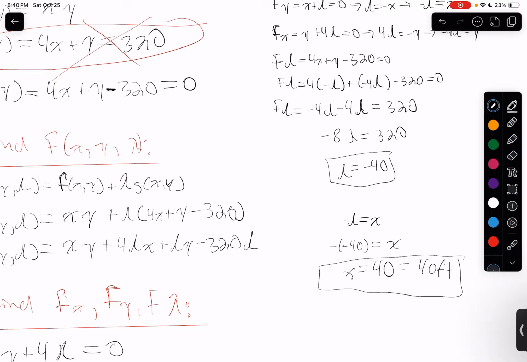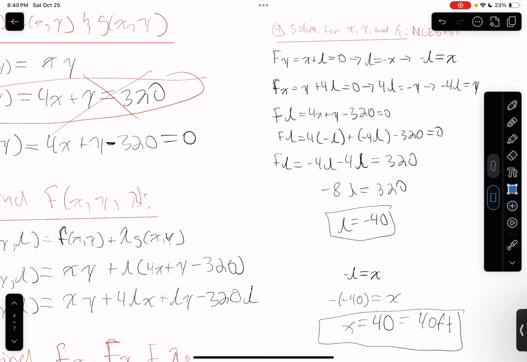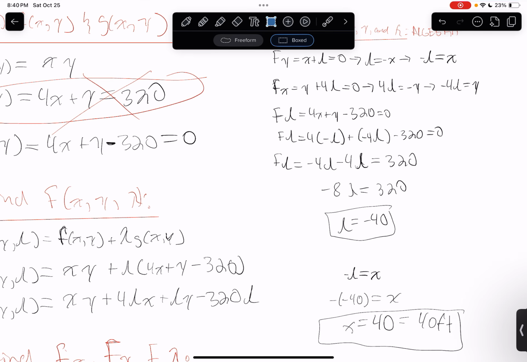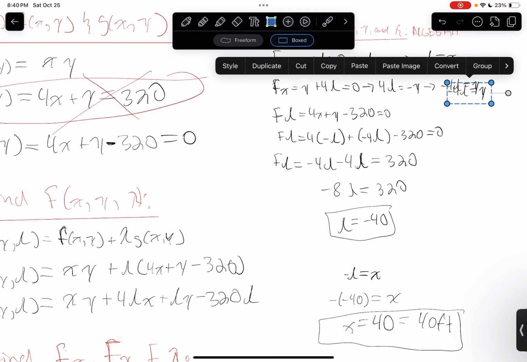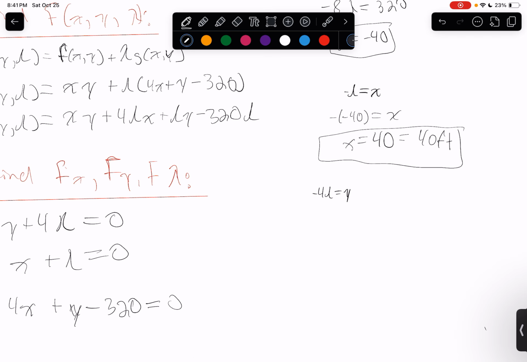All right, the next step would be to find our y value. We deemed it to be up here. Let me move this sidebar out of the way. I don't want to confuse anybody. We're going to take our y, bring it on down here, and we're going to plug in our lambda.